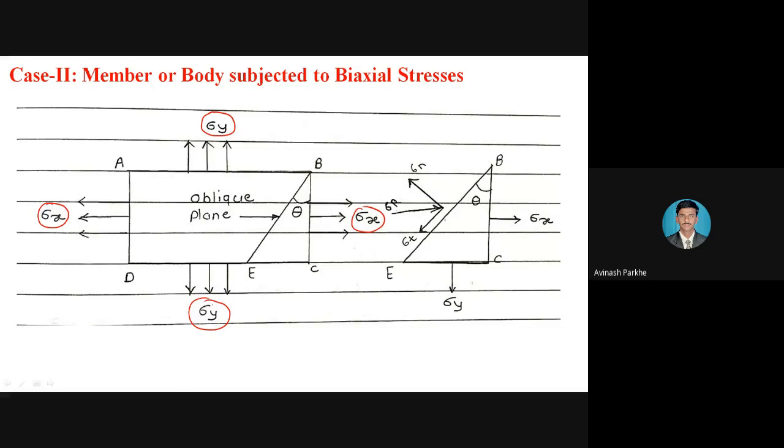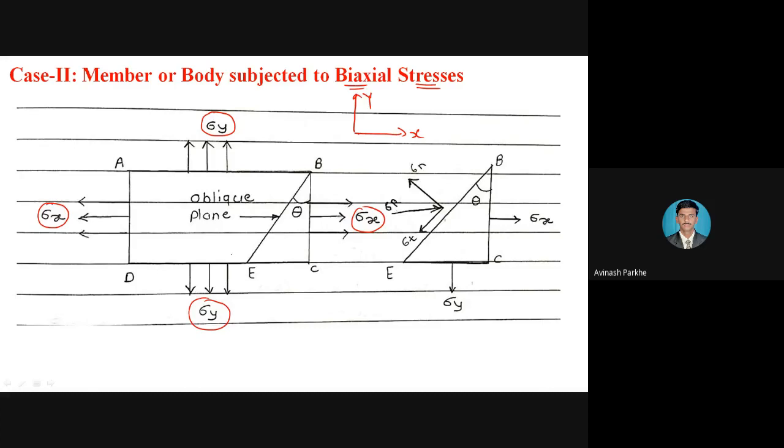Therefore, one stress is applied in the x direction and another stress in the y direction. Therefore, this condition is called a member or body subjected to biaxial stresses, where the stress is applied in the horizontal direction, that is x, and one more stress is applied in the y direction, that is the vertical direction.